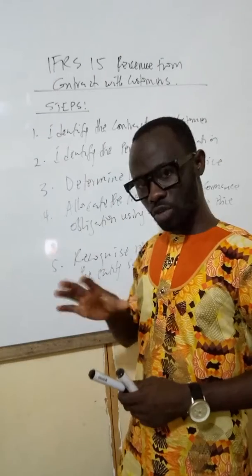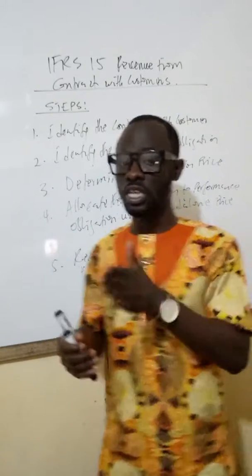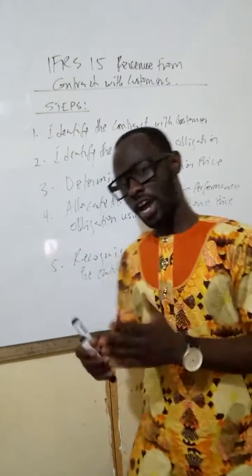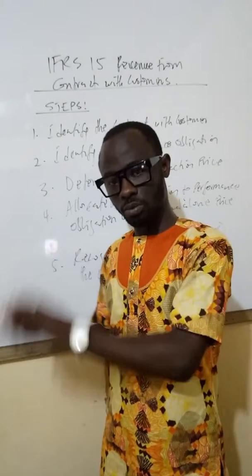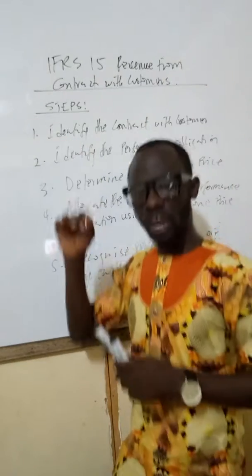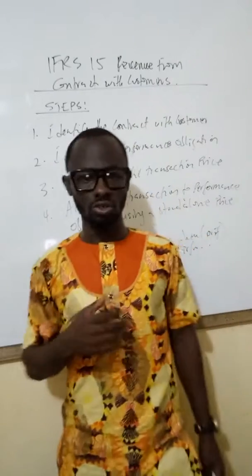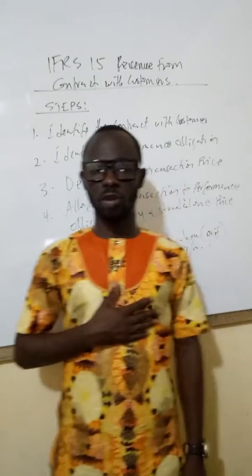That is the first thing we do. Then second, over the 6 months, we are going to be providing what? Network services for her to be able to use the smartphone, because that is what she has signed up for. So when we identify the contract with the customer, the next thing we do is to identify the performance obligation.